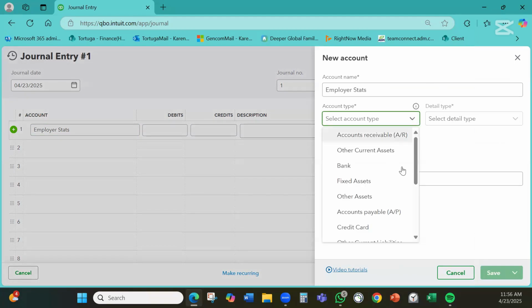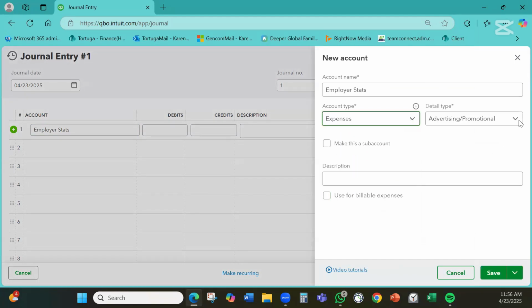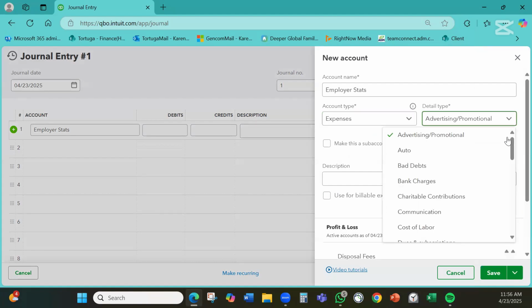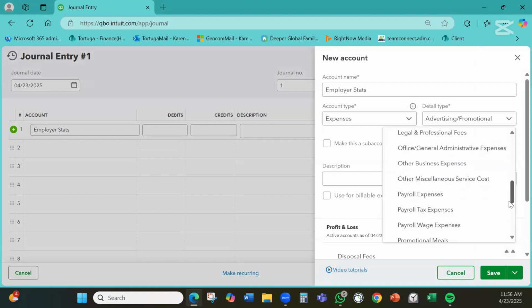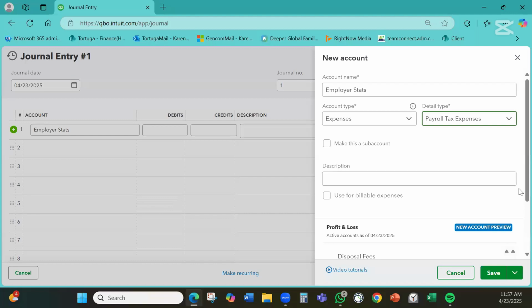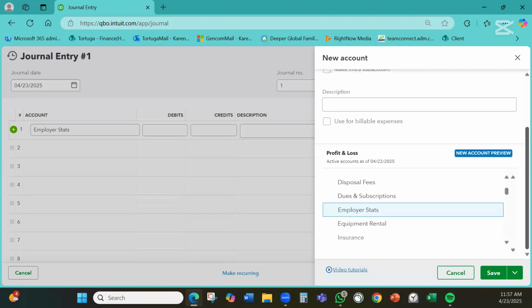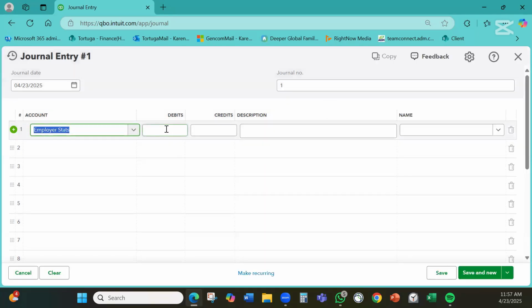I'm going to set it up as an expense. What kind of expense is it? It's more like payroll related tax, right? And it comes up there automatically, and I just save it. So remember when we were looking at the chart, let us say it was $18,000.